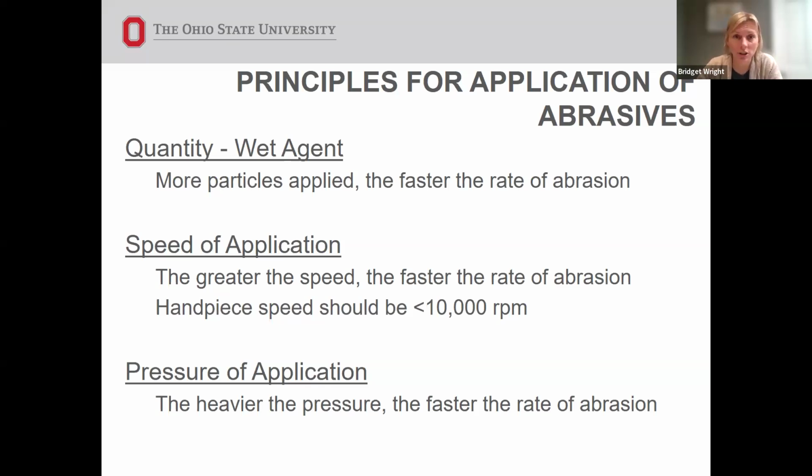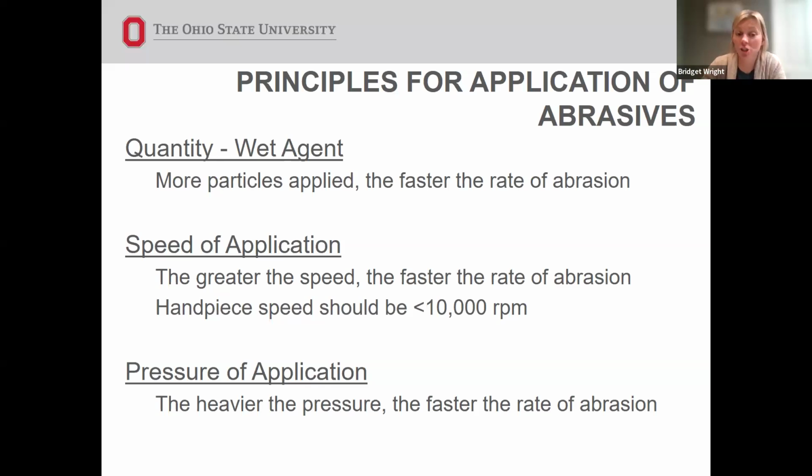Whereas if you have air-driven handpieces in your office, you'll have to pay closer attention to what you're hearing, because that gives you the cue. If it sounds like a slow speed handpiece, that's what we want, because we want the speed below 10,000 RPMs. If it sounds like that real high pitched noise, like a high speed handpiece, that's what you do not want, because you don't want the abrasives used at a really high speed.